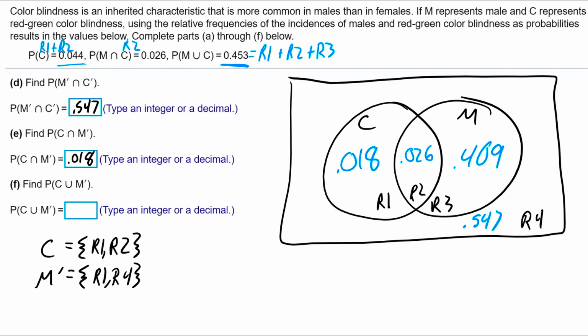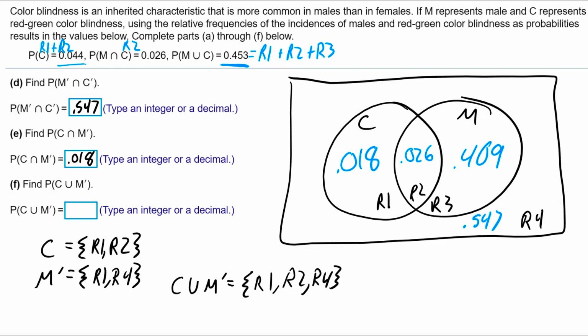So those are the regions that are not in M. So C union M complement would be region 1, region 2, and region 4. So all of those.